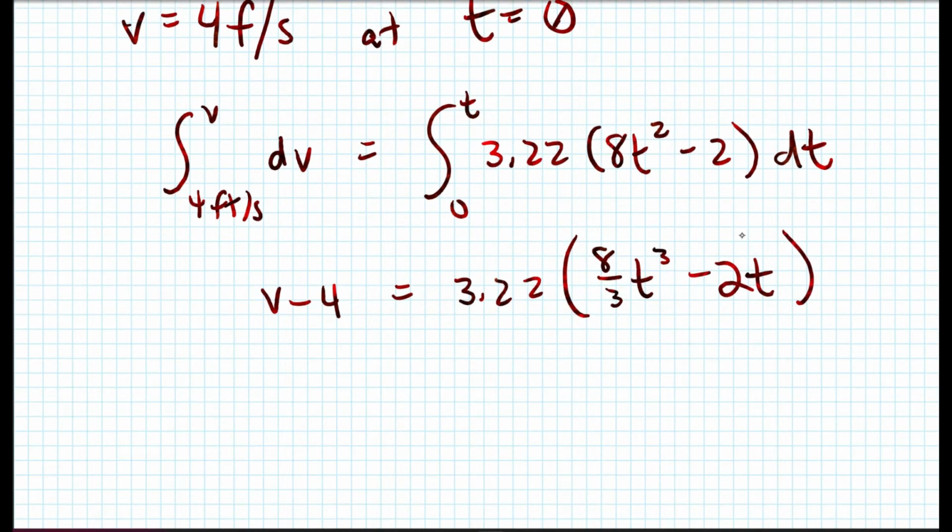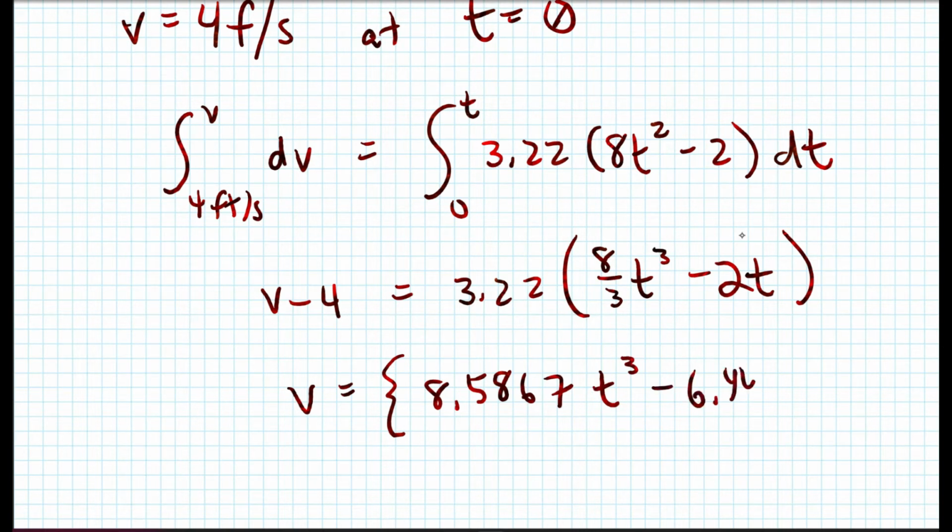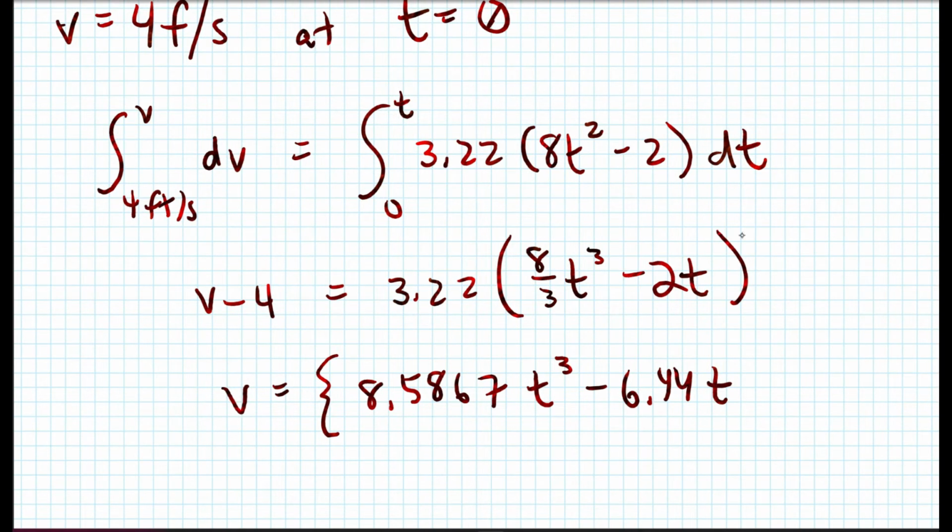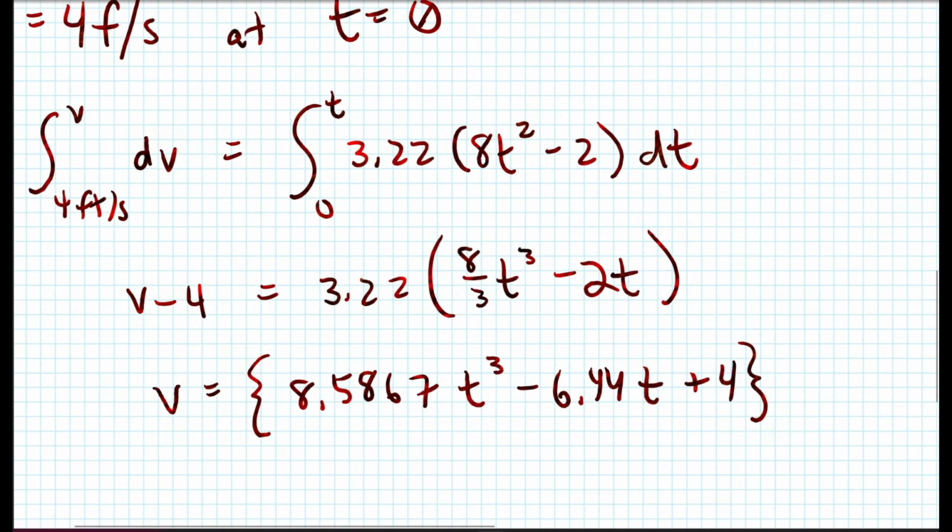Then we get v is equal to 8.5867 t cubed minus 6.44 t, plus 4, and that's feet per second.